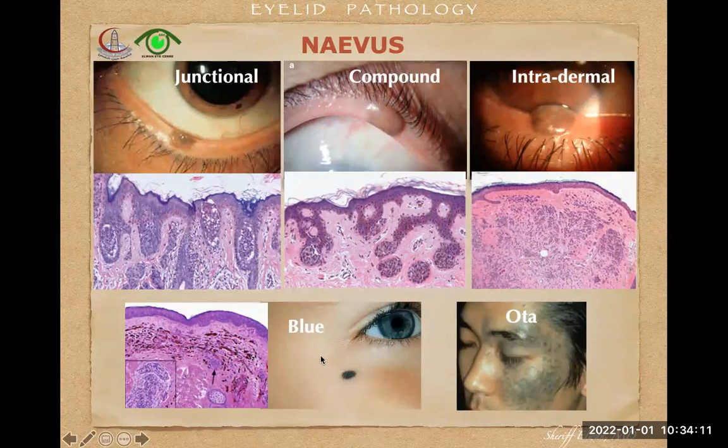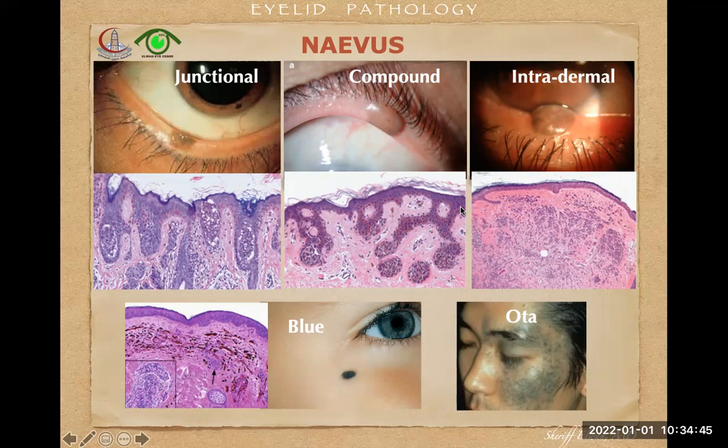If it is deep in the dermis, it's blue, and if it is an extensive dermal blue nevus, we call it the nevus of Ota. You can see here the melanocytes seen in the junctional area, here in the junctional and the dermis, but here only in the dermis. The very deep one is the blue, and when it is extensive it is the Ota.